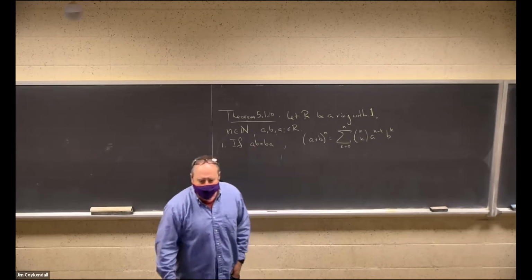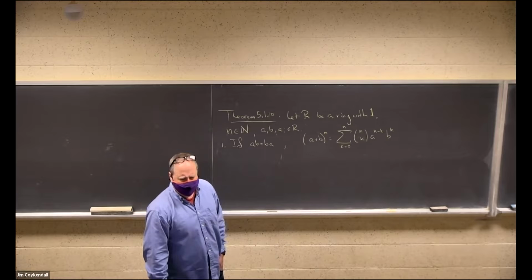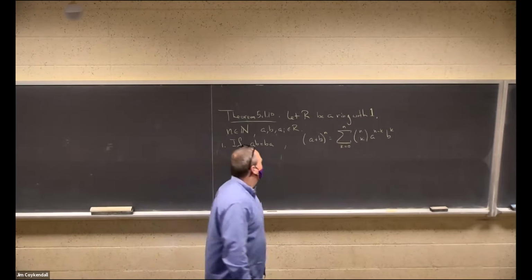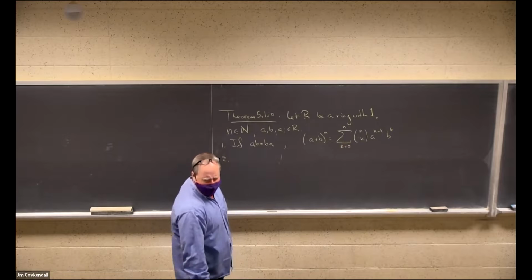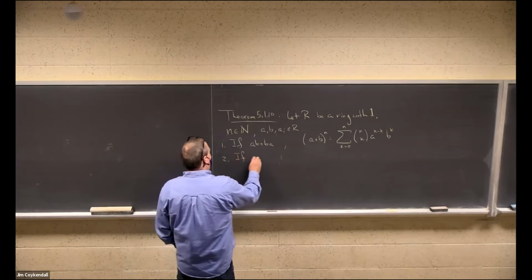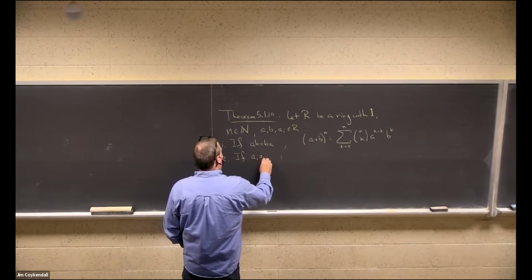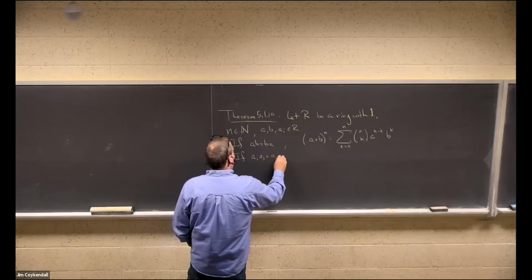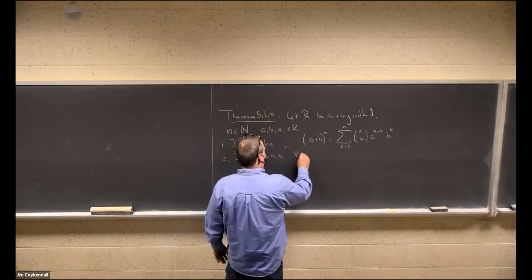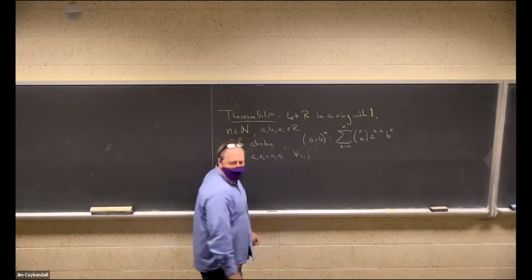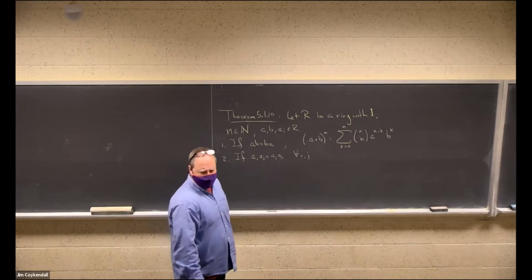This is called the binomial theorem, as you may have seen before. And two, if a_ij commute for all i, j, this is the more general multinomial form.